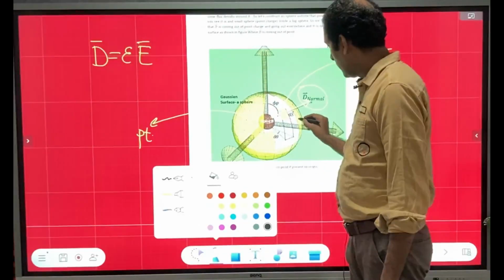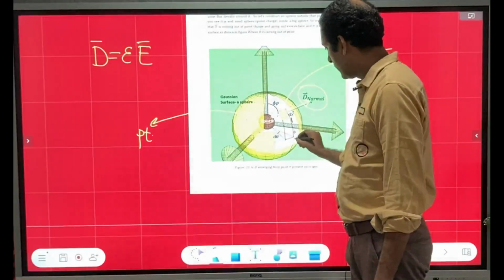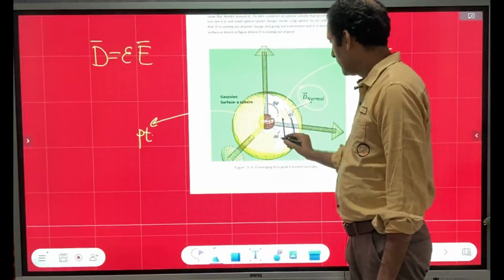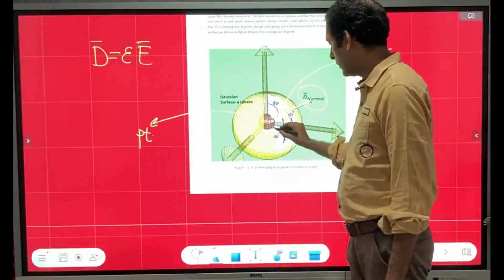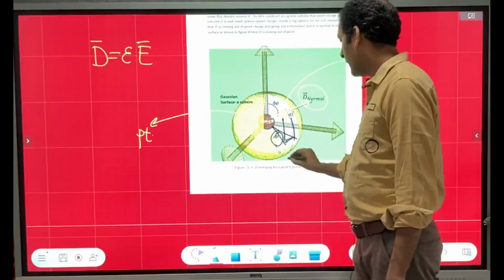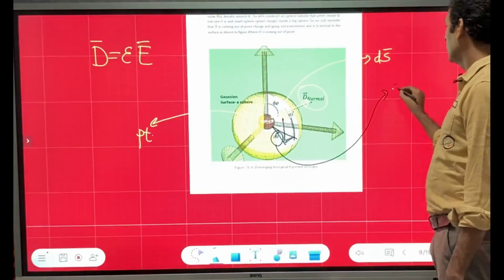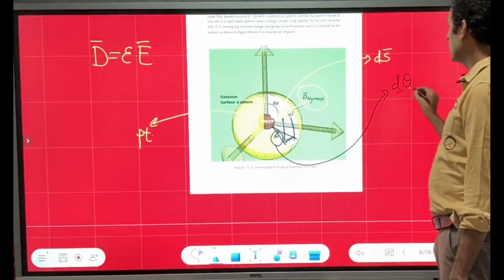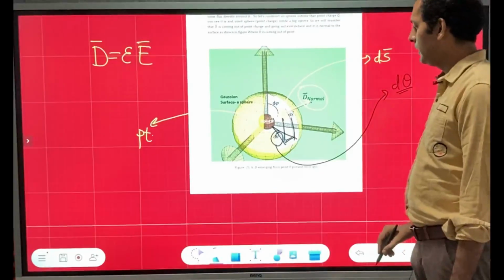If we expand these points of the differential surface, let that angle be d theta.